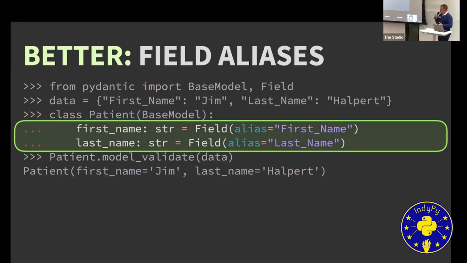The problem with a field level alias is that in our example, we only have 2 fields. It's very easy to do. But when you have 20 different models with 10 to 15 fields each, it gets to be a lot of typing. So it'd be really nice if there were a way to automate all of this typing.